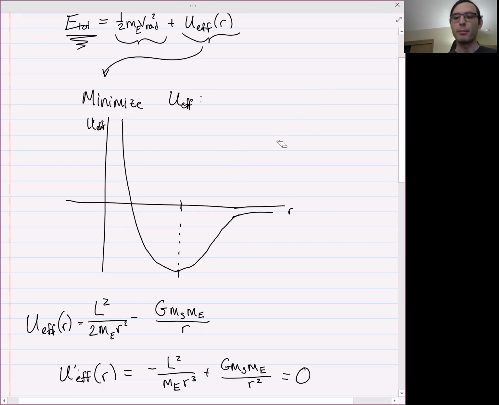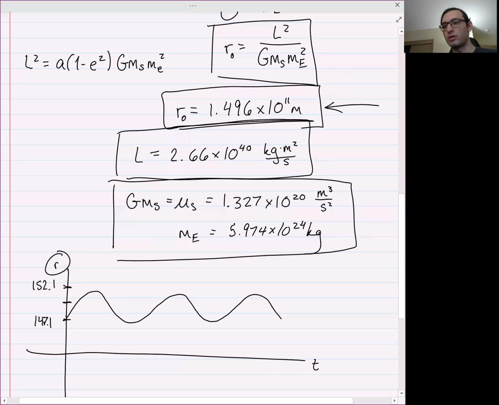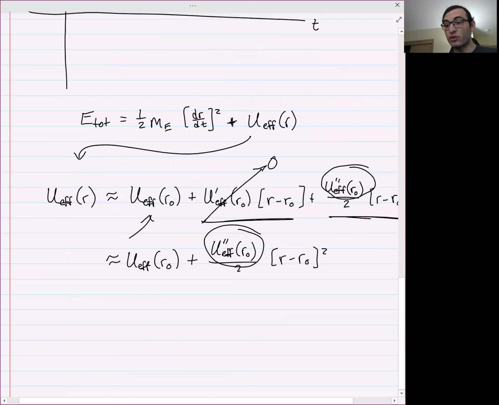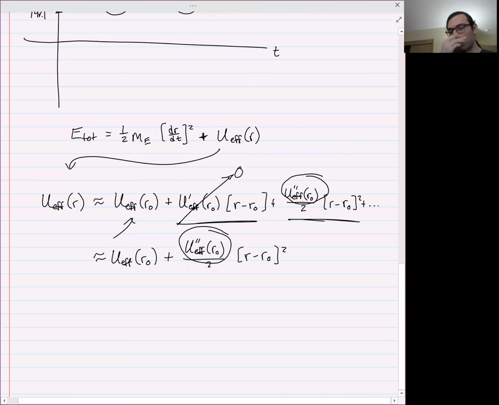But if we look here, it's concave up the whole way through at that minimum value. So we know that the second derivative should be positive, and in particular not 0.